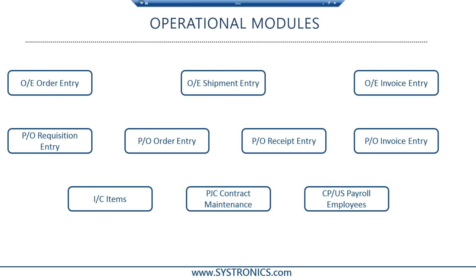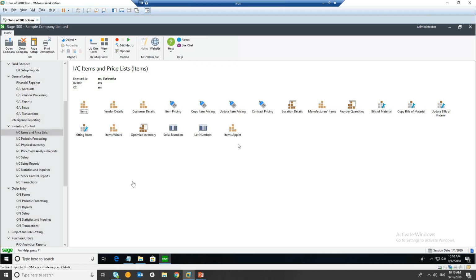Now let us have a couple of examples and see how the document attachment applets can be useful. For example, I want to attach images to my IC items and later print those images in the reports. For that, I use the Items Applet screen.